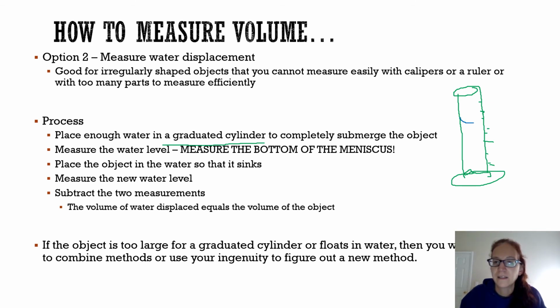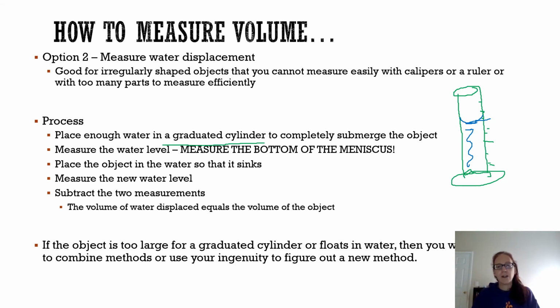If you've never looked really closely, water has this cohesive property where the water molecules want to stick to the sides of the graduated cylinder. So the water molecules will kind of climb up the cylinder a little bit, and it'll create what's called a meniscus. It's a curve or an arc in the water.